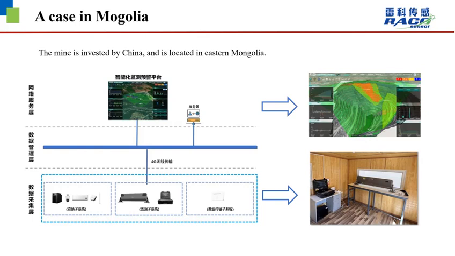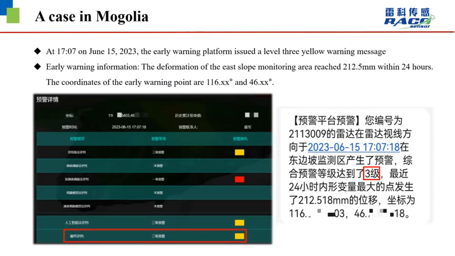We have a radar installed next to the pit and the server placed in the monitoring center. The radar and the server communicate using 4G. One day last summer, the radar alerted.